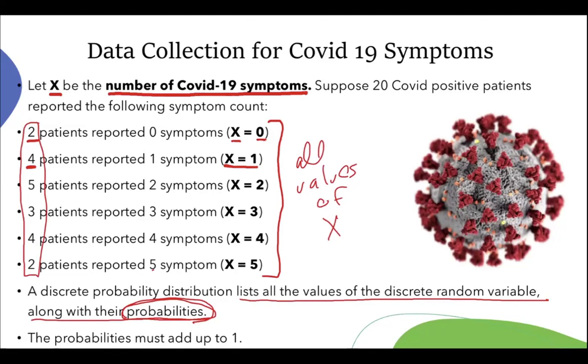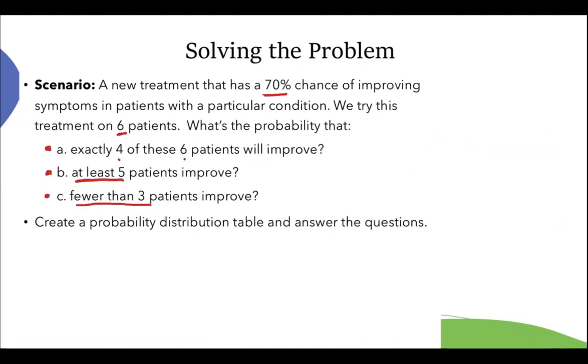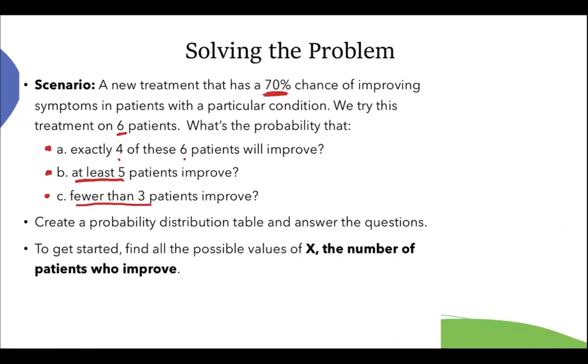This binomial distribution question is different. We don't have that. We only have a percent of improvement, and we're going to use that to build the probability distribution table using something called the binomial probability formula.